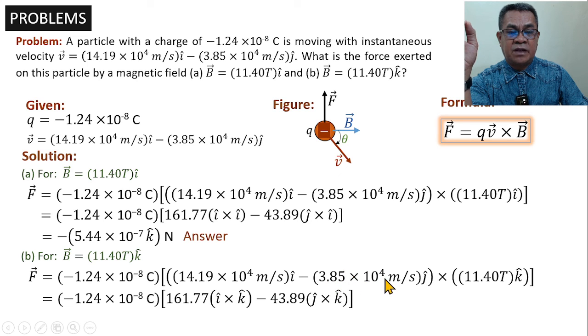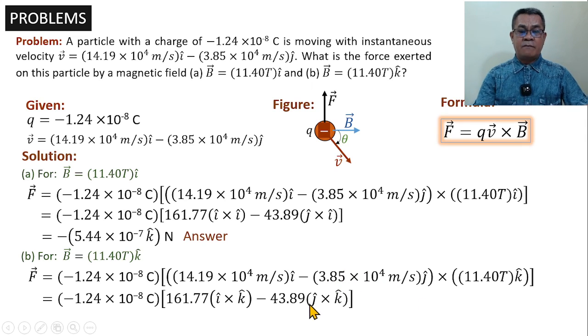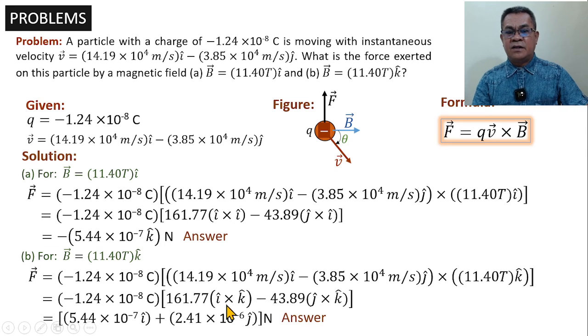Multiplying 3.85 times 11.4. Now what is j cross k? It is counterclockwise, and the missing one is x, so this is positive x, a positive I hat. And this is I cross k. It is clockwise. The missing one is j. So clockwise means negative. So it is negative j. So therefore, the result of this one is 1, and the result of this is 3.